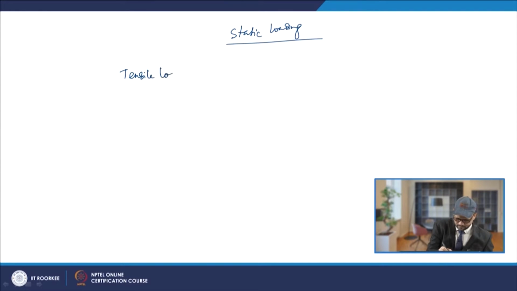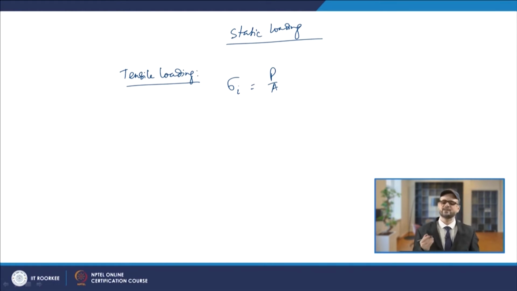If we take the tensile loading, we must have the idea that when we have any member which is subjected to tension, a tensile force is applied in line with the center of gravity of the section, and then it will give you the unit tensile stress, which will be P by A. P is the tensile force which is applied to the member, and A is the area of cross section at right angles to the line of the force.